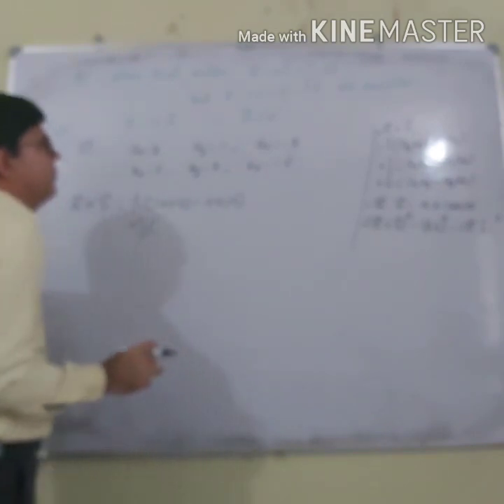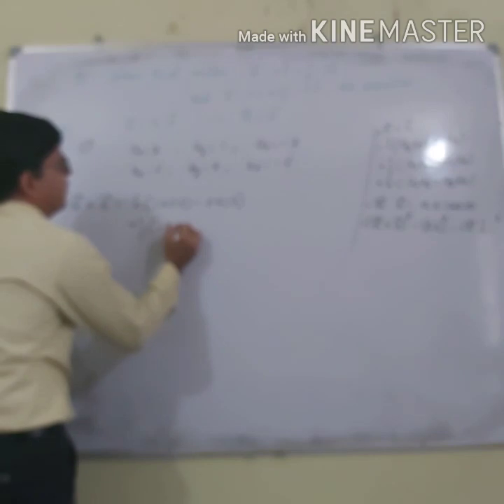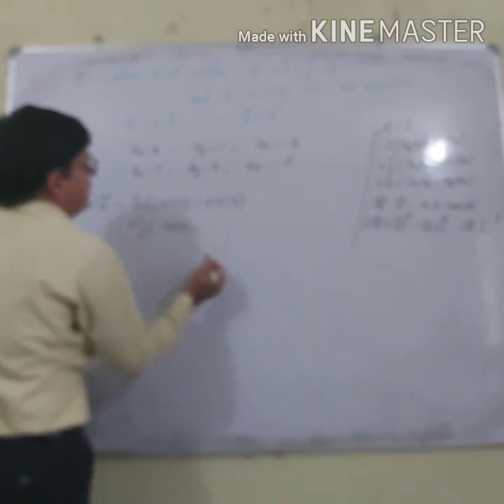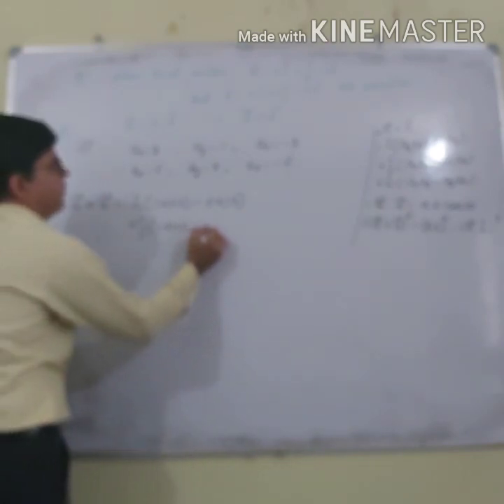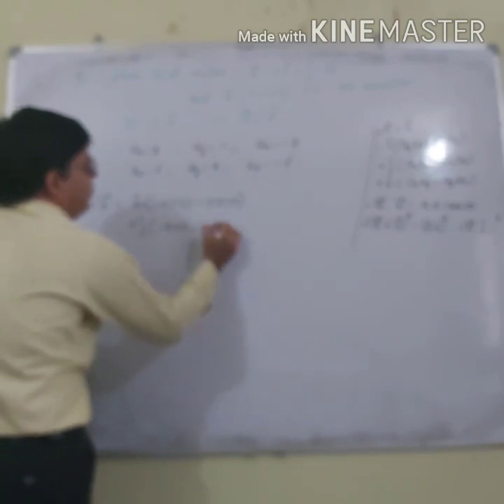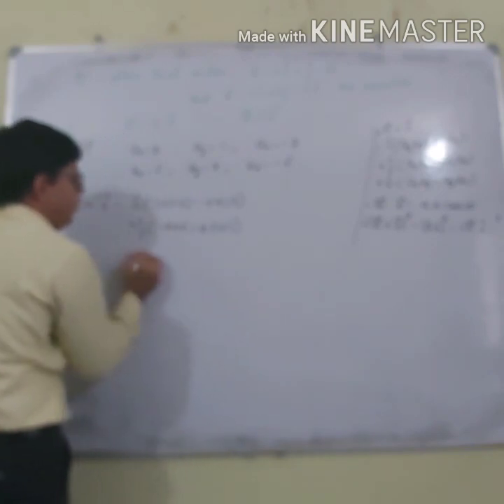J cap: AZ is minus 2, BX is 6, minus AX, which is 2, and BZ, which is minus 6. If you solve, again it will be 0.